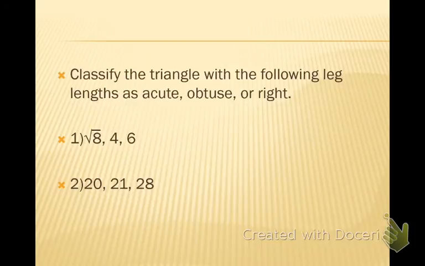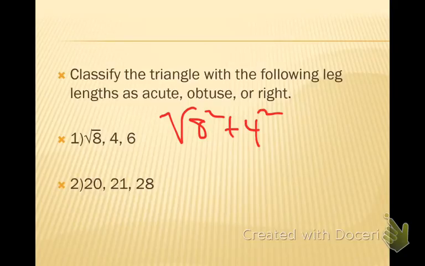Classify the triangle with the following lengths as acute, obtuse, or right. Okay? So square root of 8 is going to be less than 4, because we know 3 times 3 is 9, so square root of 8 is the shortest side. So we would take square root of 8 squared plus 4 squared, and we have to see how it's related to 6 squared.